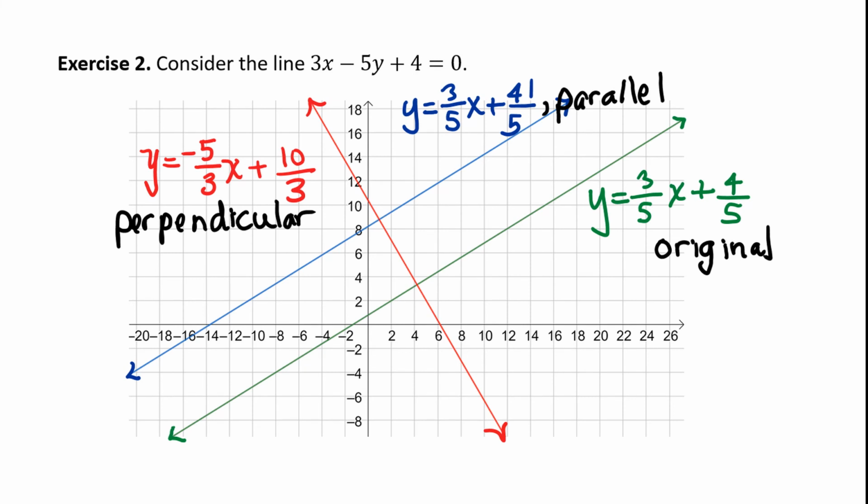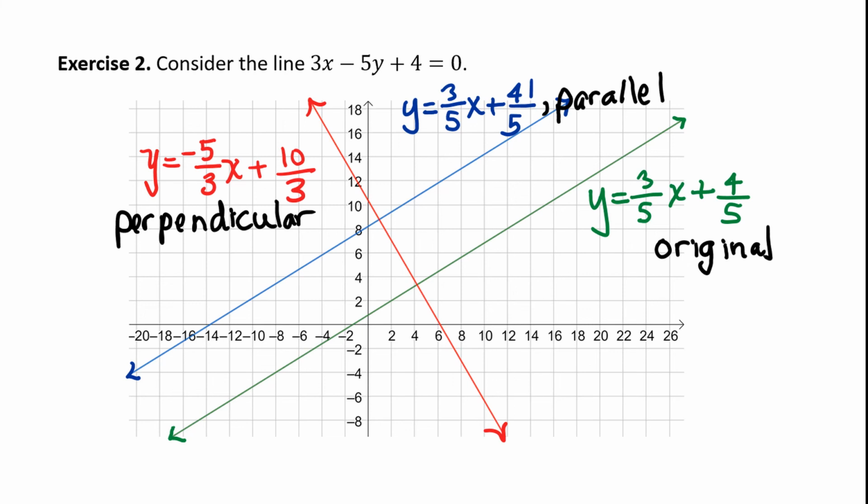Equations can be described in several different ways. We're most common with equations being described by an equation. For example, 3x minus 5y plus 4 equals 0 can also be described as y equals 3/5 x plus 4/5, and that's a line with an increasing slope.